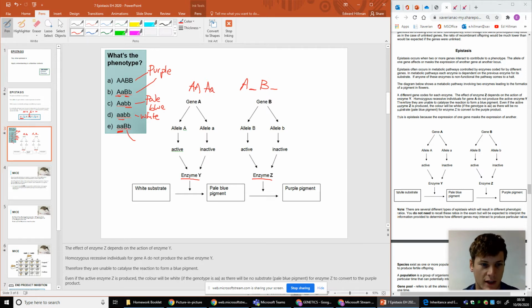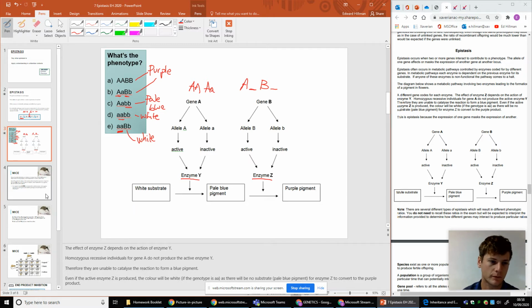It doesn't matter that they could potentially produce this second enzyme with the dominant allele B, because there will be no substrate for that second enzyme to act on. So these people would remain. I say people, the white substrate would remain.